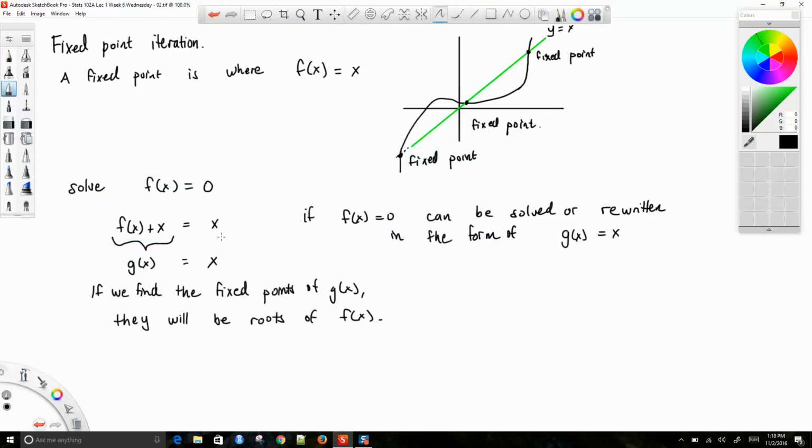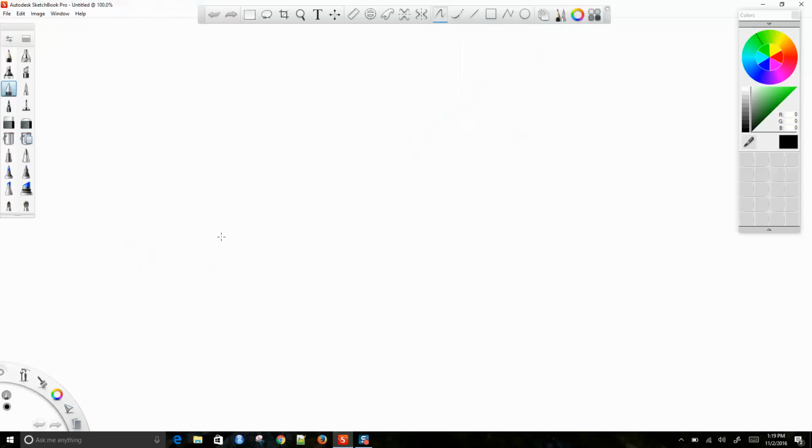Okay, and so the fixed point iteration, in a situation where it works, the algorithm is really, really simple, okay? So I'm going to go to the next slide here. The fixed point algorithm is very simple.